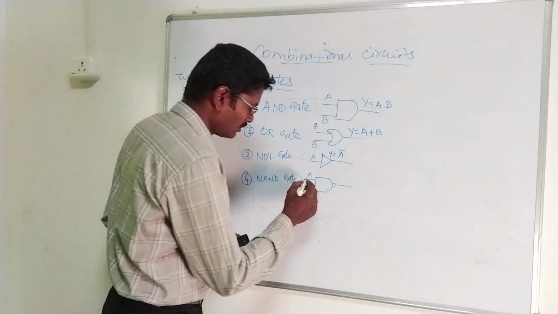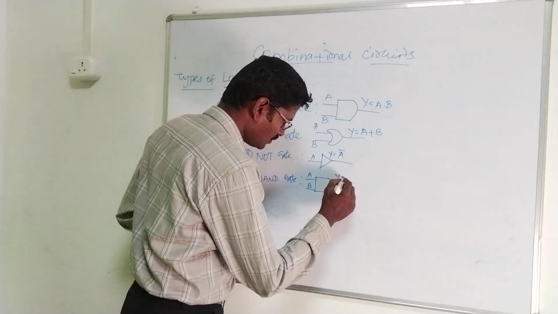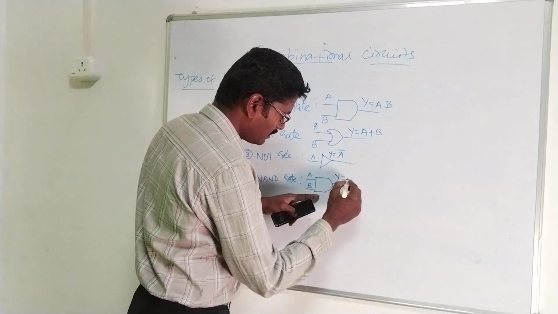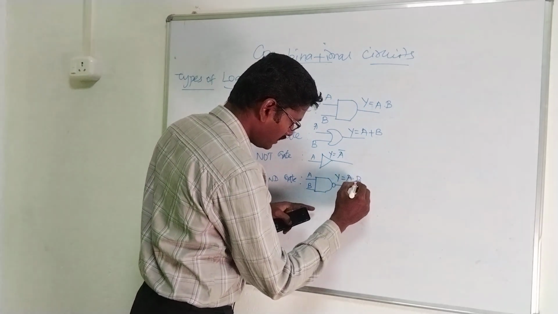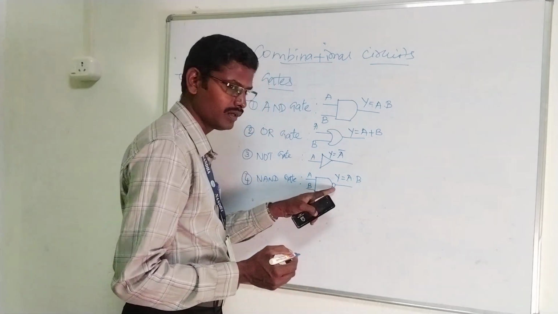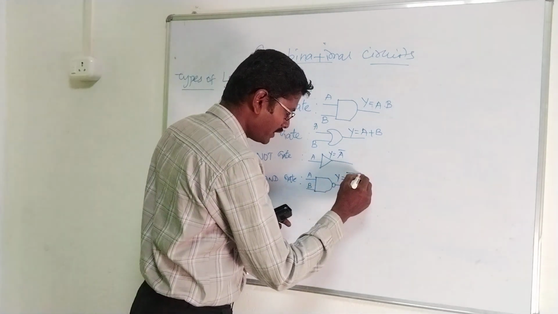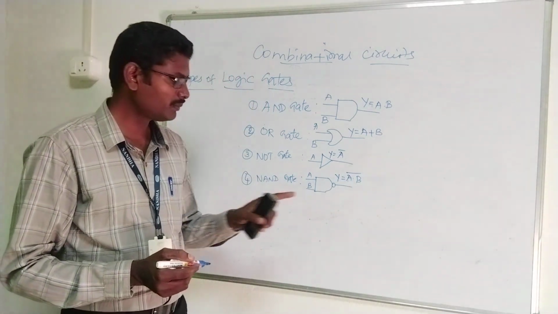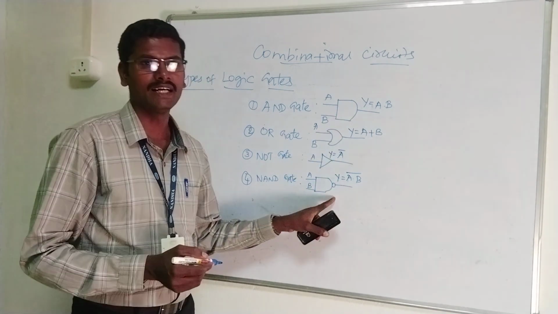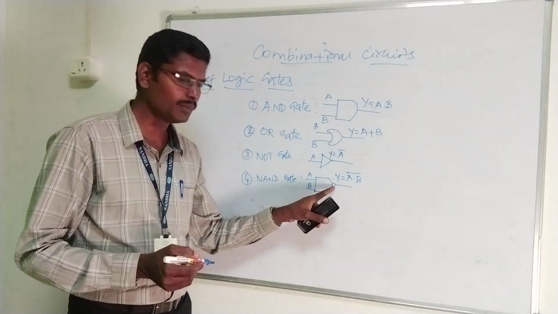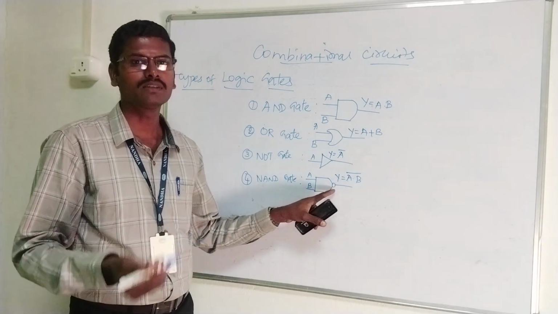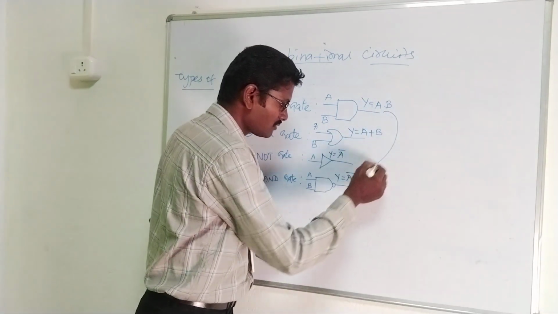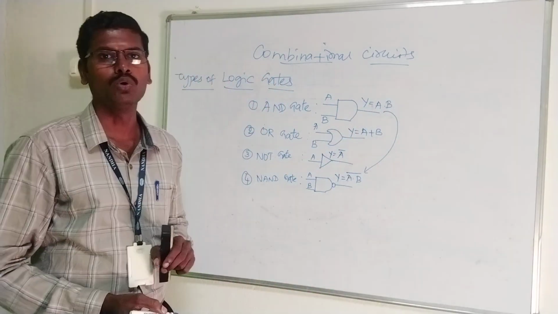The two input variables are A, B, and the output of the AND gate is Y is equal to A dot B. Corresponding to this bubble, the output will become Y is equal to A dot B the whole bar. So the complement of the AND gate is the NAND gate, because we are using a bubble at the output side.